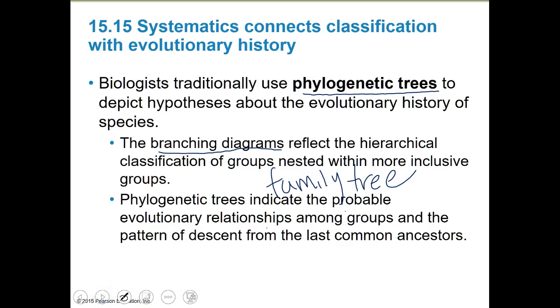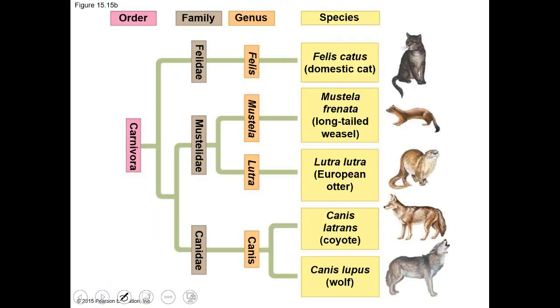Okay, let's see if I can move this thing forward. There we go. So there's a couple of ways that these are represented, but overall, we could look at it this way. So Carnivora is our order, and then we've got families kind of branching off of these. So apparently Felidae kind of went its own way, but we have these other two.